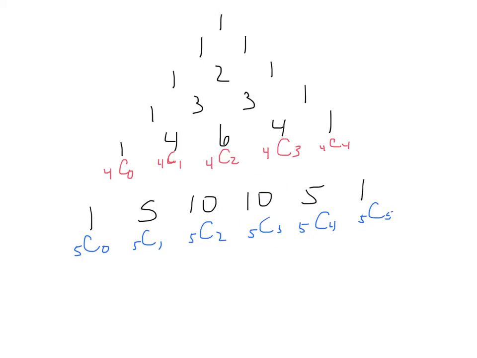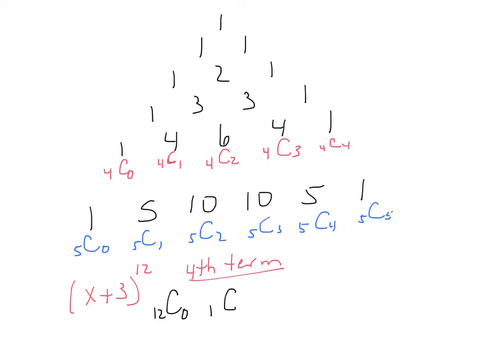Okay, so let's say I asked you to do x plus 3 to the 12th power, and I wanted you to find the 4th term of that. I would know then that the first term would be the combination of 12 things 0 at a time.